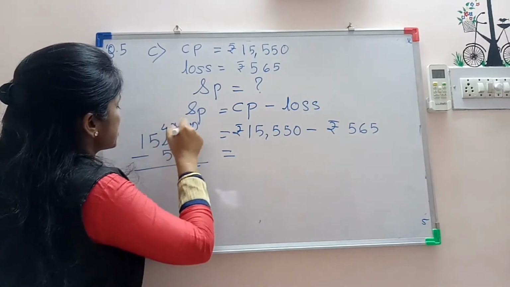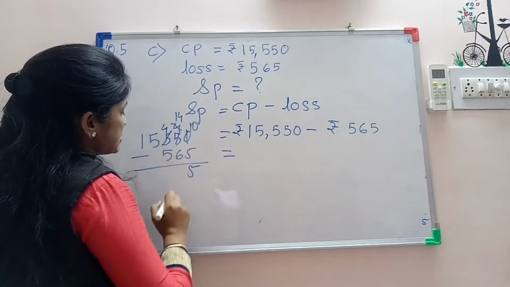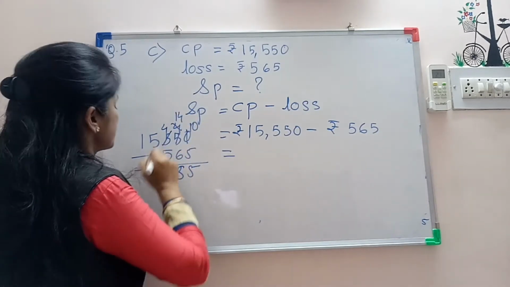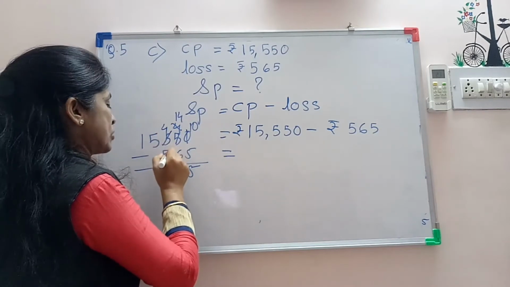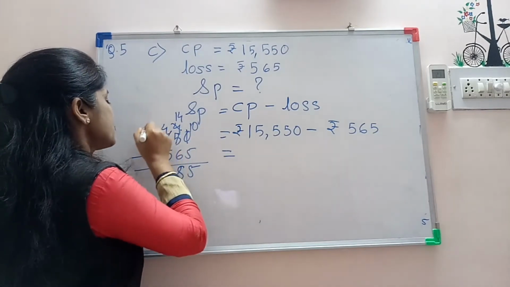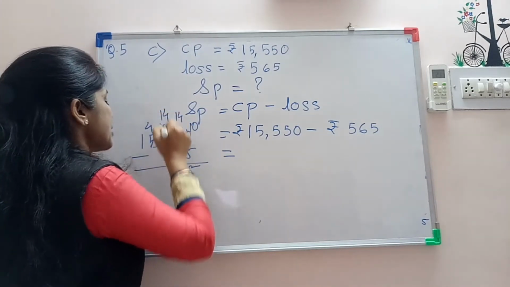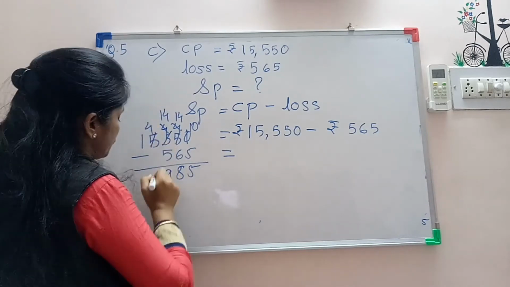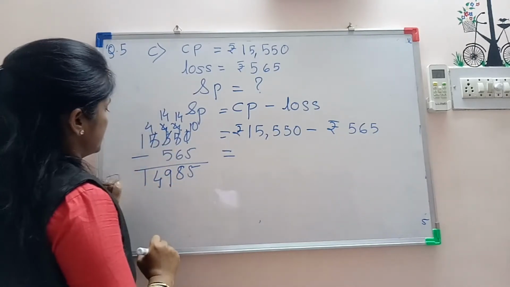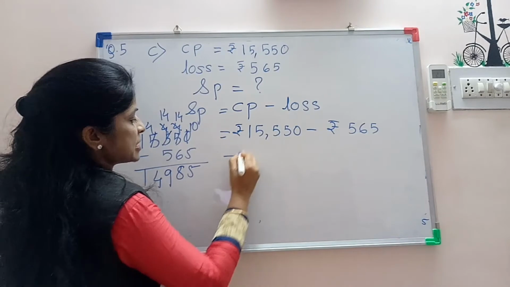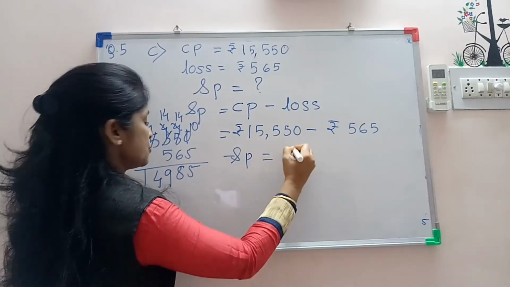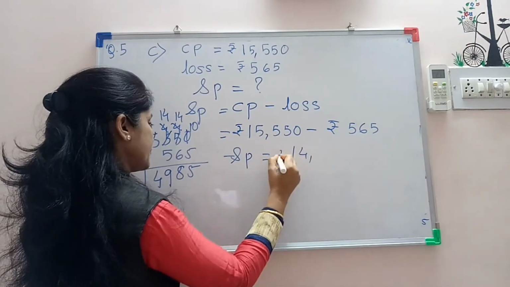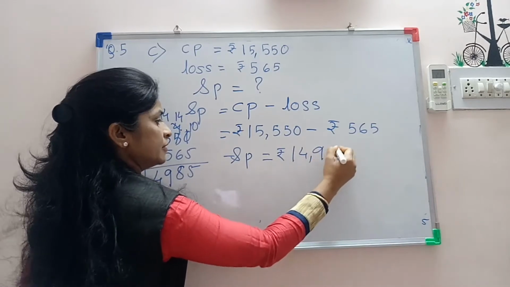Again we will regroup the number. 14 minus 6 becomes 8. Again 4 is smaller than 5. Again regroup the number. 14 minus 5 is 9, 4 and 1. Now here selling price is equal to rupees 14,985.